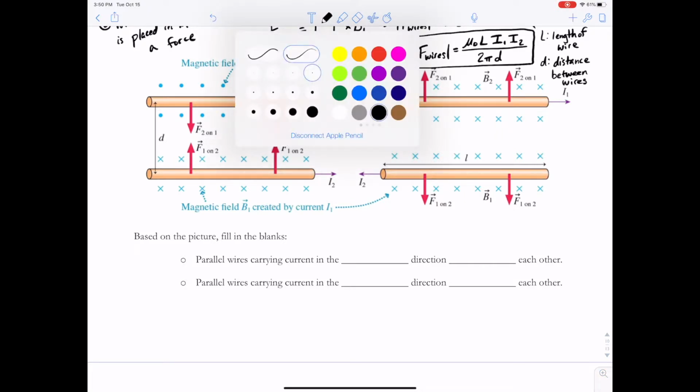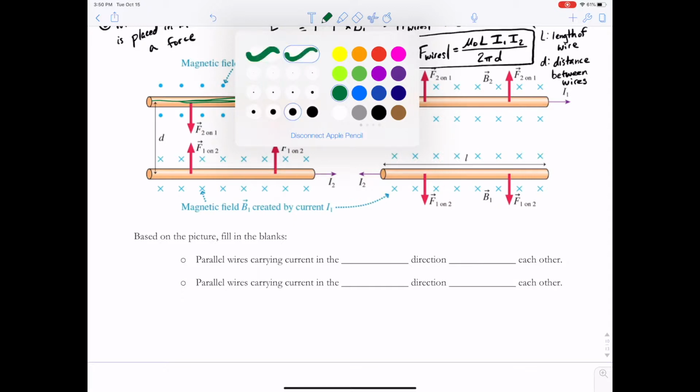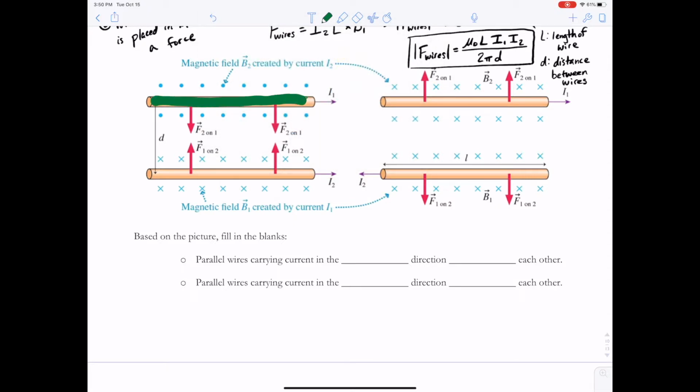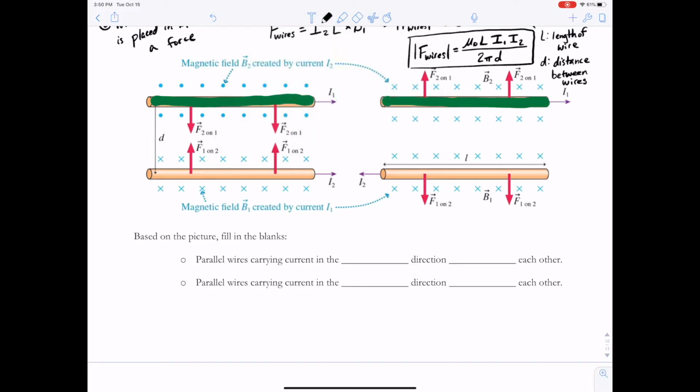So I'll switch my color to, let's choose green, and let's color in the top wire here. Let's make it a bigger marker. This one green, and green over here as well. So what you should do now is pause the video, and for the wire that has current I1, the top one, use your right-hand rule for wires to determine what is the magnetic field produced by this wire, and go ahead and draw that in.